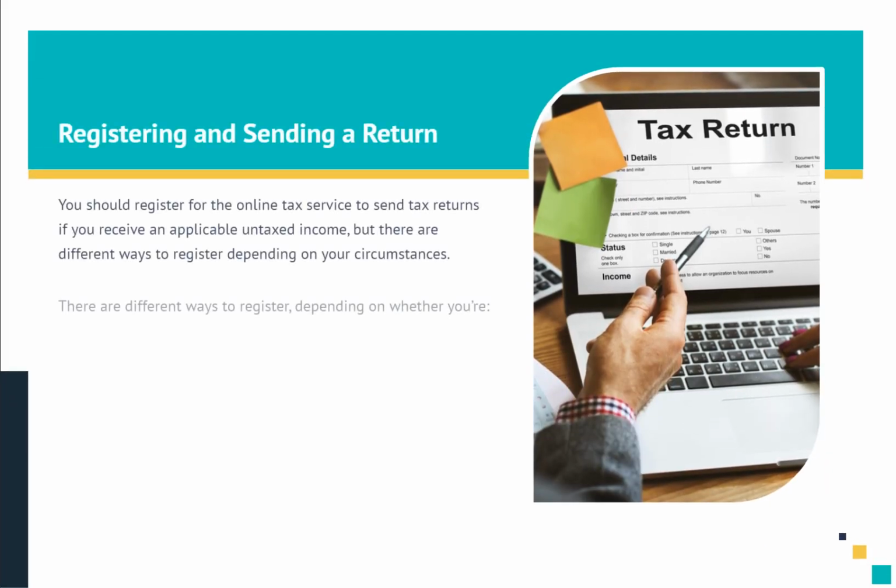Registering and sending a return. You should register for the online tax service to send tax returns if you receive an applicable untaxed income, but there are different ways to register depending on your circumstances. There are different ways to register depending on whether you are self-employed, a partner, or in a partnership, or not self-employed.